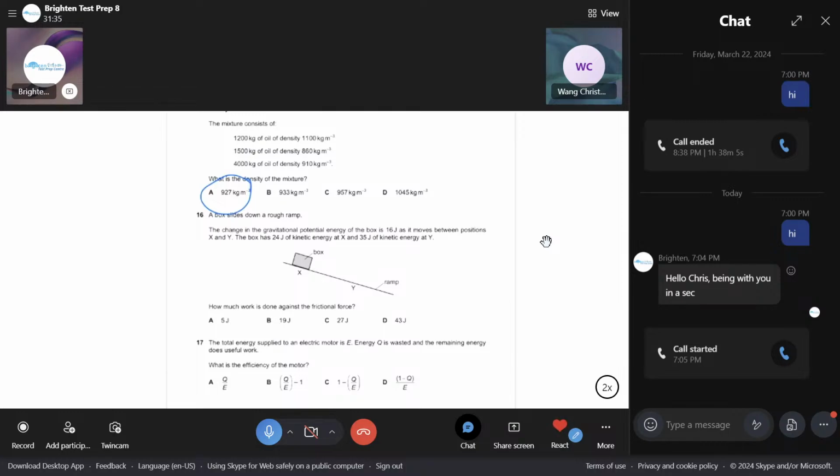Now, question 16. Oh, that's 35, I just jotted it down. It's 35 joules, and at X it has 24 kinetic energy. Okay, which makes kind of sense.